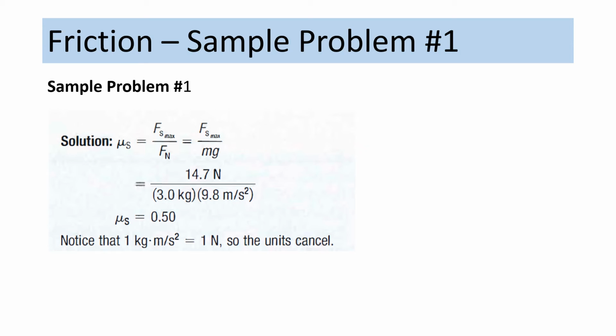We know that Fs max is 14.7 newtons and mg is 3.0 kilograms times 9.8 meters per second squared, and that gives us a value of 0.50. Notice that 1 kilogram meter per second squared is 1 newton, so the units cancel.